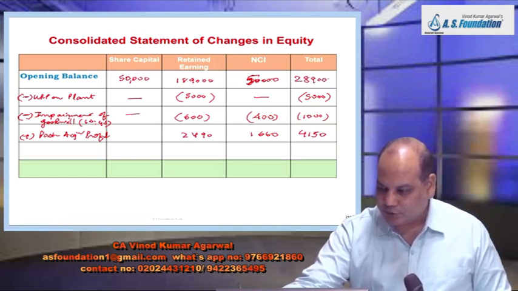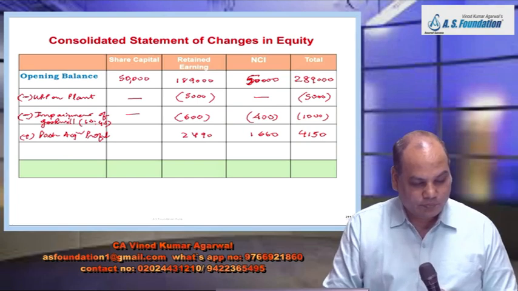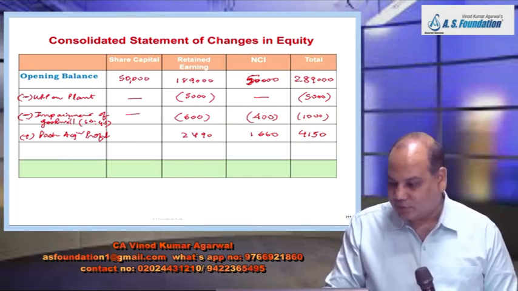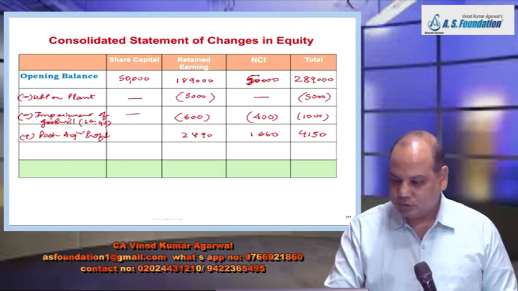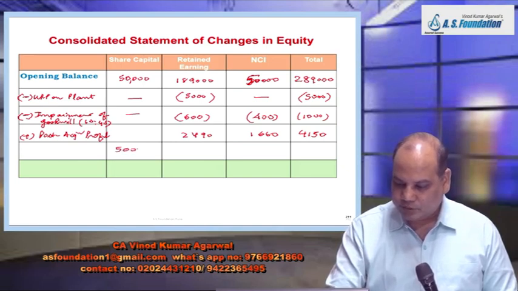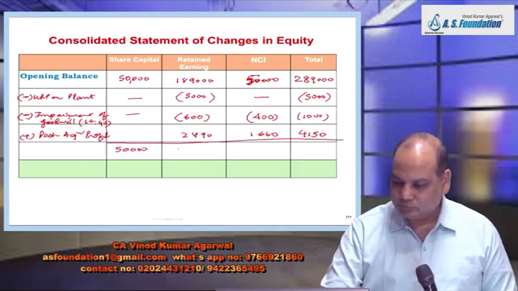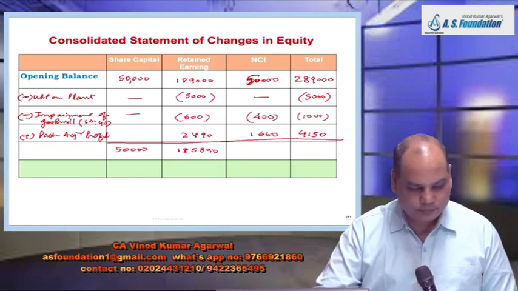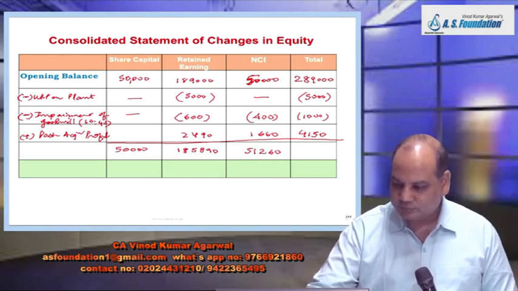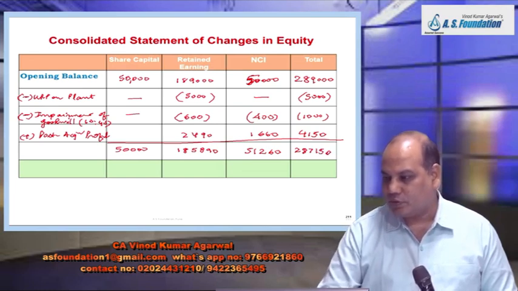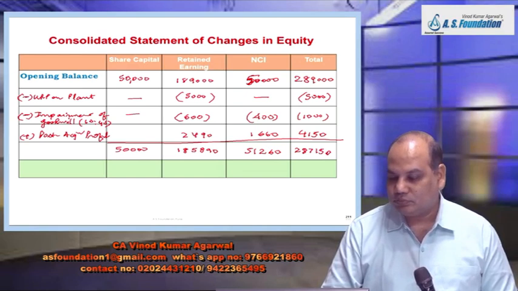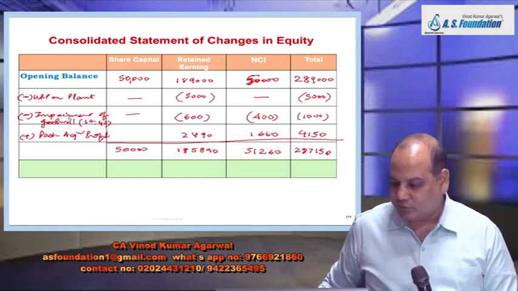So now complete the lines first. Total of the last column first. 2,89,000 minus 5,000 minus 1,000 positive 4,150. Column totals 50,000, 185,890. Then last column 287,150. Is it right? This I think we have written 50,000.